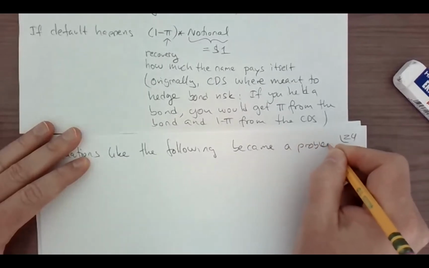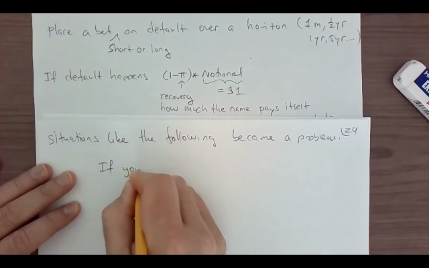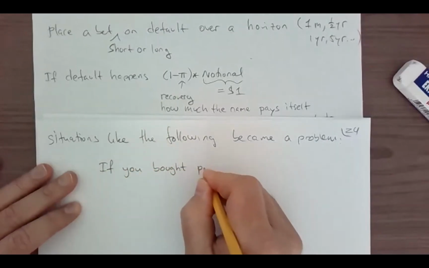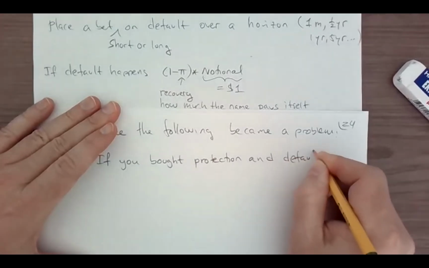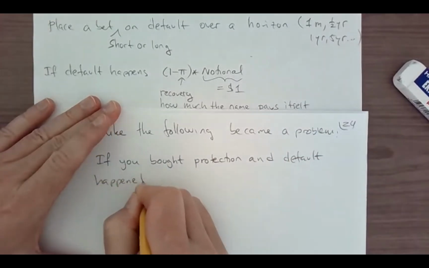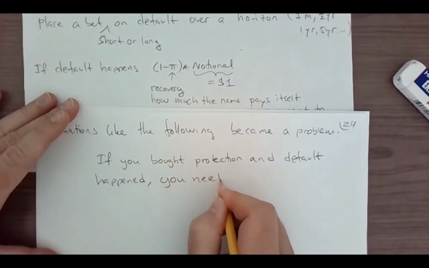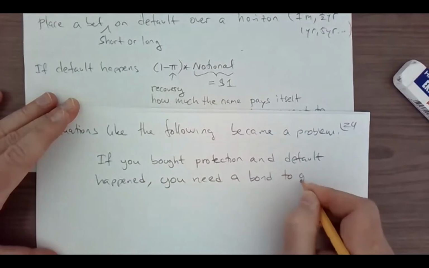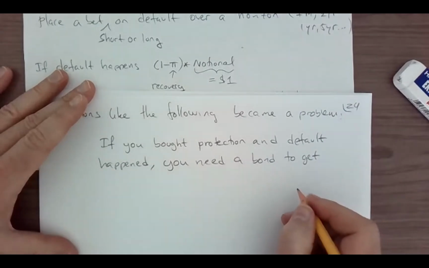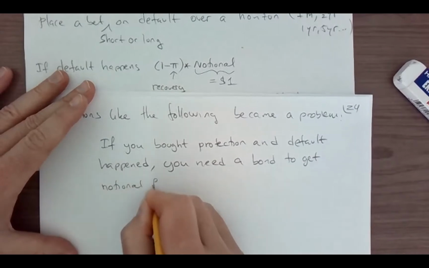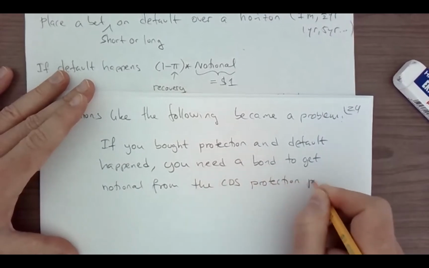Became a problem. The way this 1 minus pi thing worked was that if you bought protection and the default happened, you needed a bond to get the notional from the CDS protection provider.